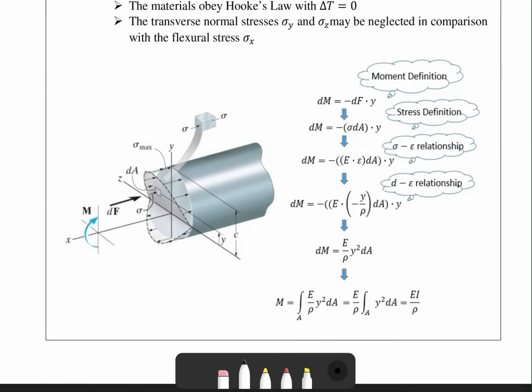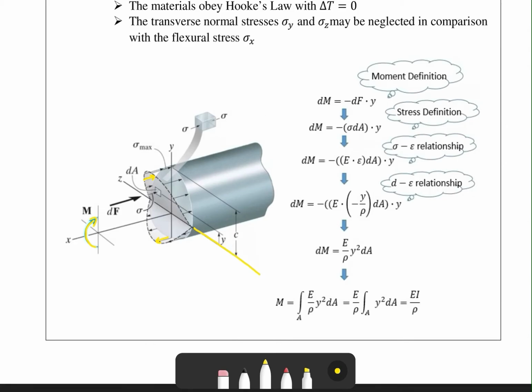You can see on the whole cross-sectional area here, if we apply the moment, at the bottom we are going to have tension, but on the top, it will be compression here. So now our task is to calculate the moment around the z-axis here.